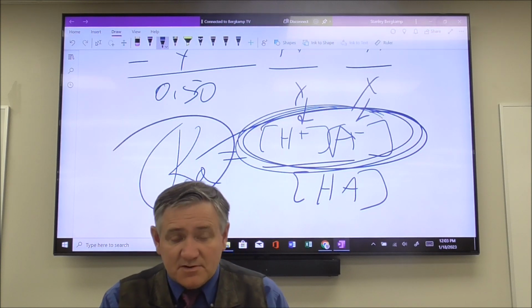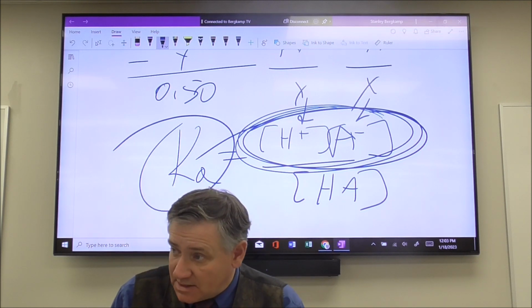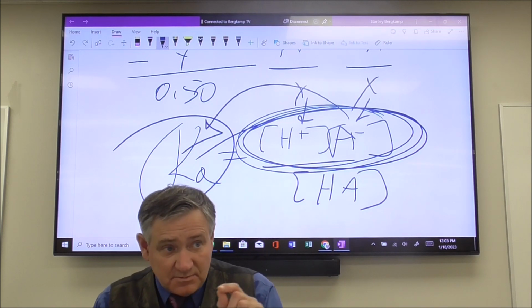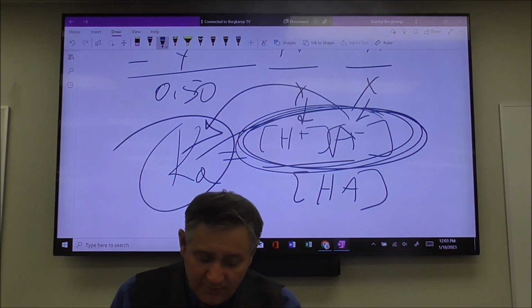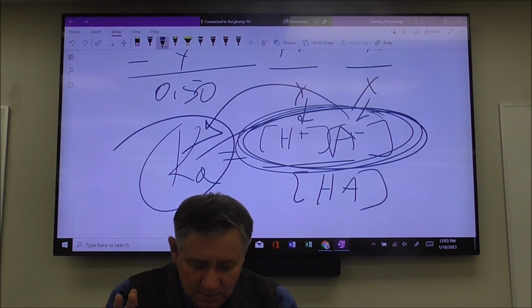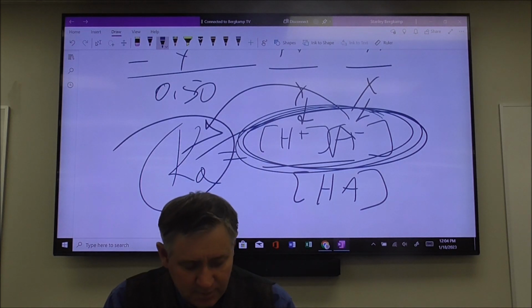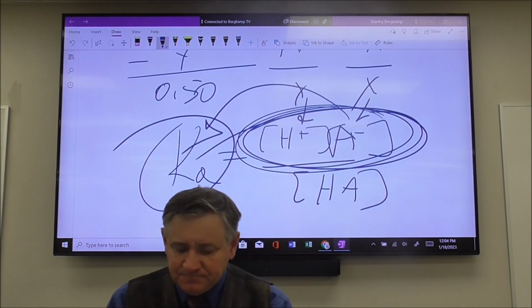So she's going to figure out what values of that hydronium and that anion together produce that Ka value, because that's when Mother Nature is at equilibrium. So if all goes well, your pH on number 19 is going to be somewhere between 2 and 3. Okay? 2 and 3.